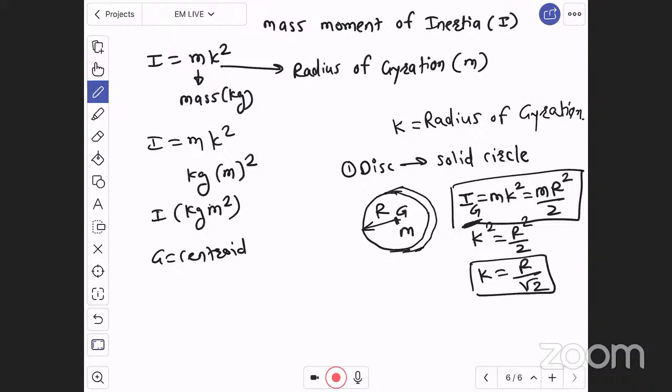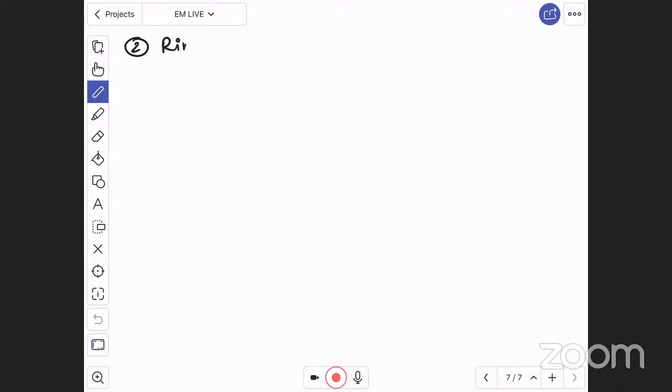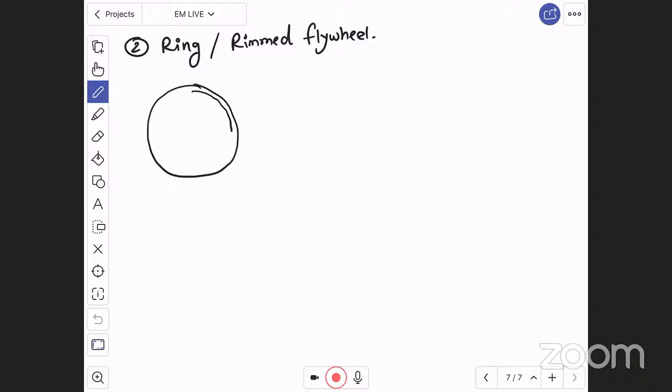Now, second is the ring, also called a rimmed flywheel. For a ring or rimmed flywheel, let us say this is a ring. Mass is concentrated at the extreme radius.